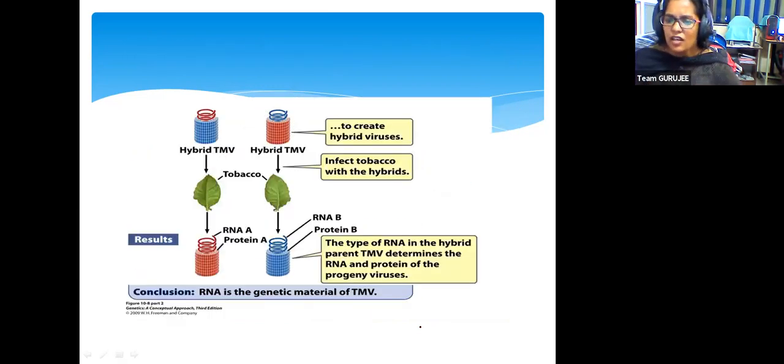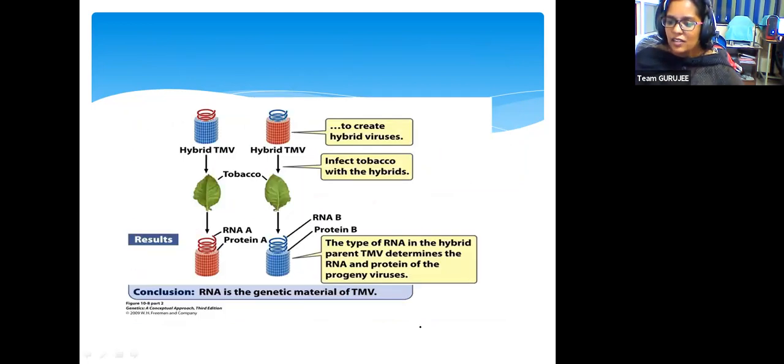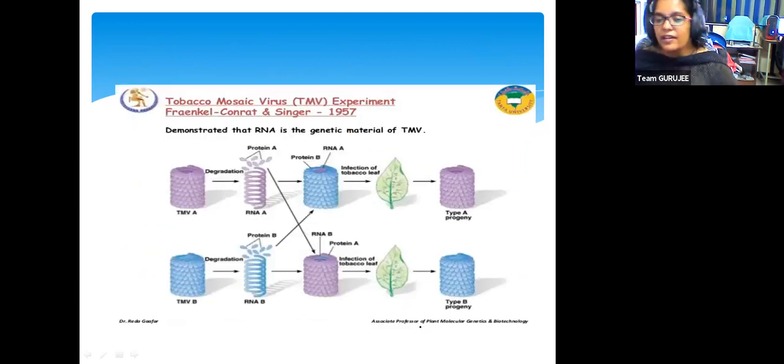Next, RNA. Some scientists like Fraenkel-Conrat and Singer described that RNA is also a genetic material. They did an experiment with tobacco leaf and tobacco mosaic virus. They took two types of tobacco mosaic virus, removed the protein from the RNA strand, and exchanged the proteins and RNA strands of the two forms of TMV.